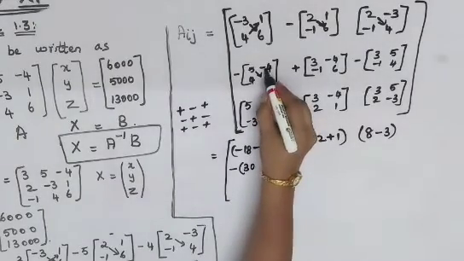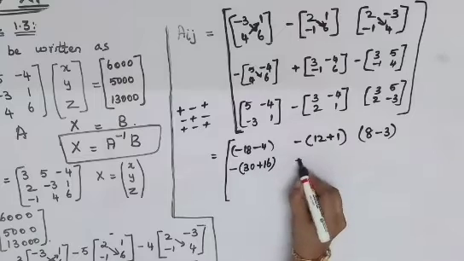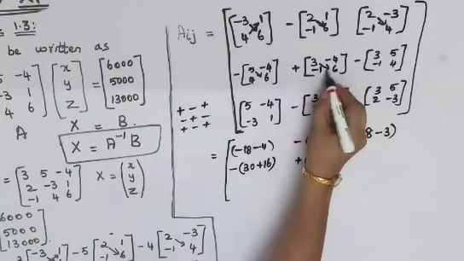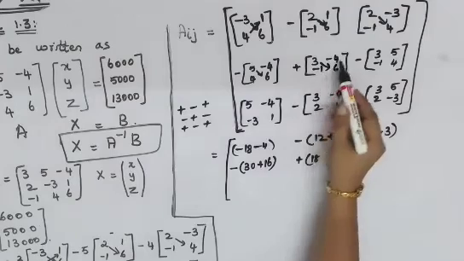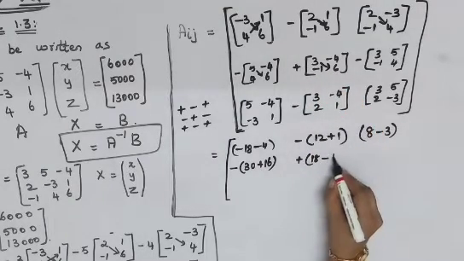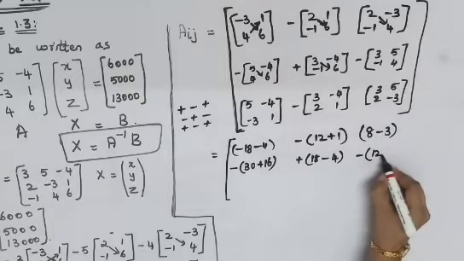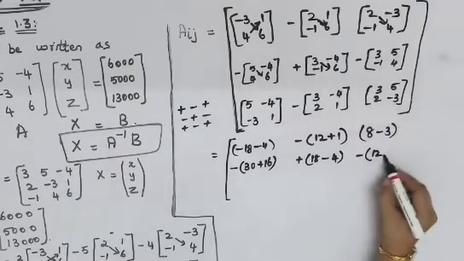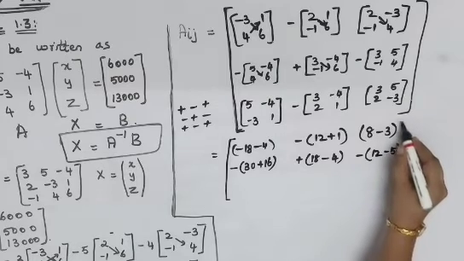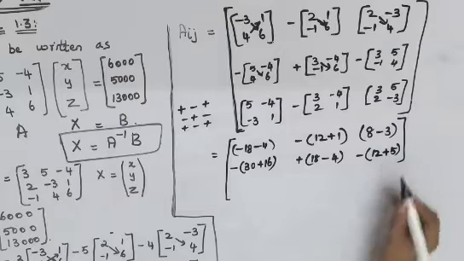Minus is there, so minus and minus will become plus, so plus 16. Then plus, open your bracket. 6 3s are 18. Minus of minus will become plus, but inbuilt minus will be there, so minus 4. Then minus, open your bracket. 4 3s are 12. And minus 1 into 5 is minus 5. But you have got one more minus over there, so it will become plus 5.